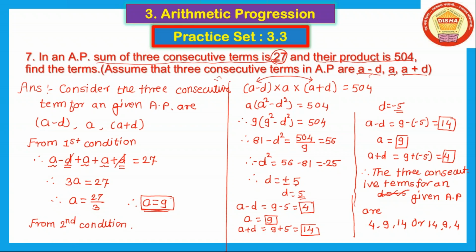Means if we take D is equal to positive 5, we will get 4, 9, 14 as these three consecutive terms. And if we take the value of D as negative 5, then we will get here 14, 9 and 4.